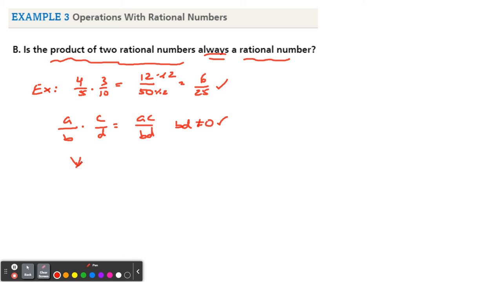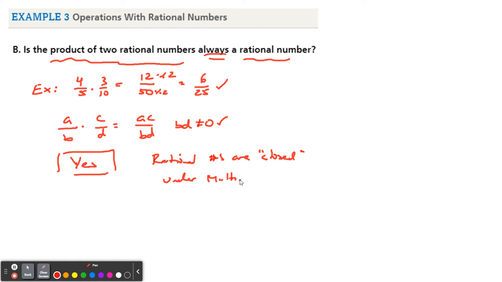Yes, it always will result. And again, we would say that the rational numbers are closed under multiplication.